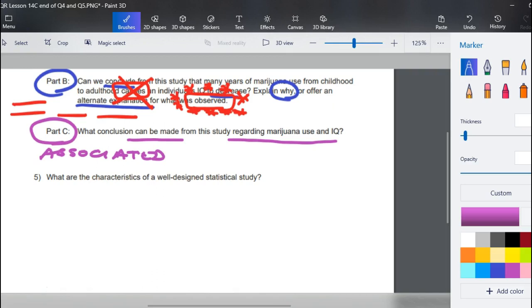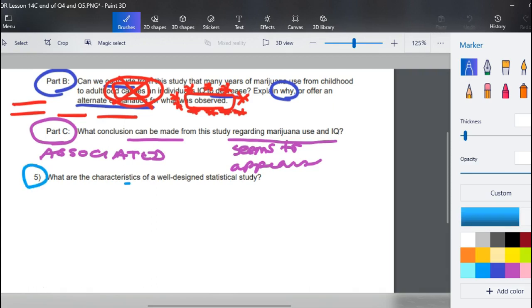And we talked about in our face-to-face class today about having some what I called frou-frou words, where we have words like seems to, or phrases like seems to, appears to, and a lot more that the students came up with, words that are generic but are still being descriptive, that it does seem that marijuana use is associated with decrease in IQ. But one thing we cannot say, one more time, is we cannot say that the marijuana use causes a decrease in the IQ. So let's finish up this lesson.